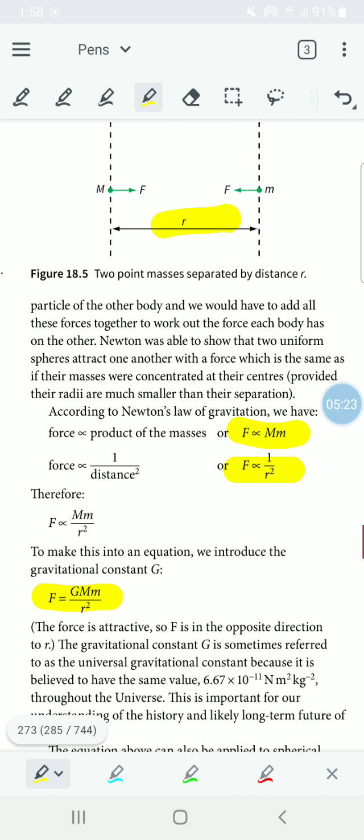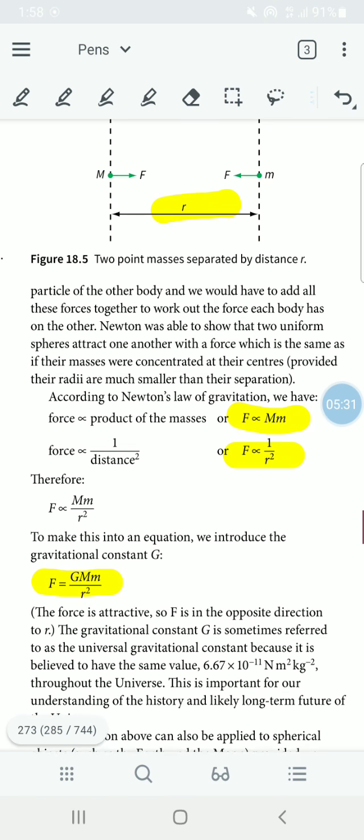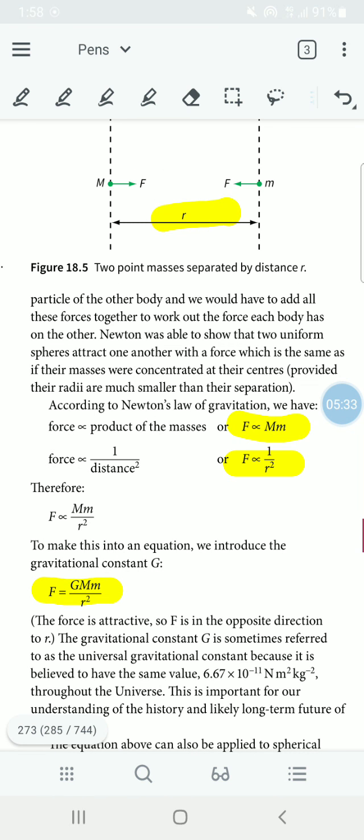The force is attractive, so F is in the opposite direction to r. What does that mean? The force is attractive, so that means it attracts.